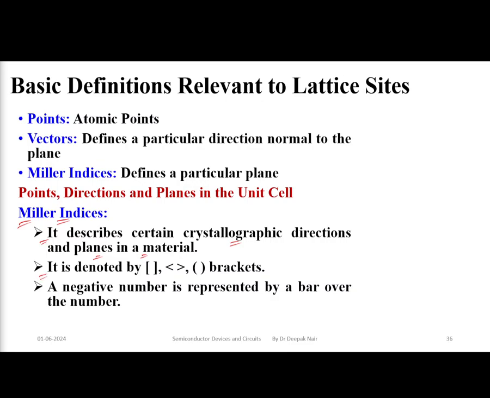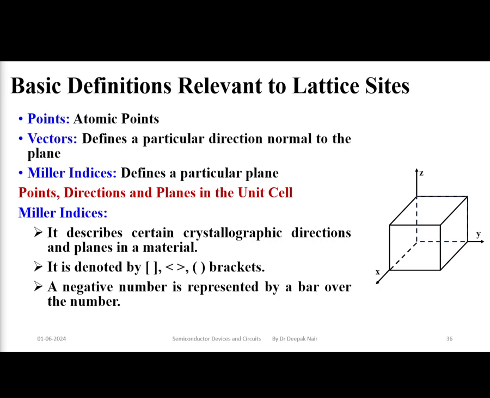And as we discussed in the previous lecture, these are denoted by different types of brackets, for example, normal parenthesis, angle brackets, or square brackets. And negative numbers in the Miller indices are represented by a bar over that particular number. So in Miller indices, we don't use negative numbers. Instead, we prefer bars over the number.